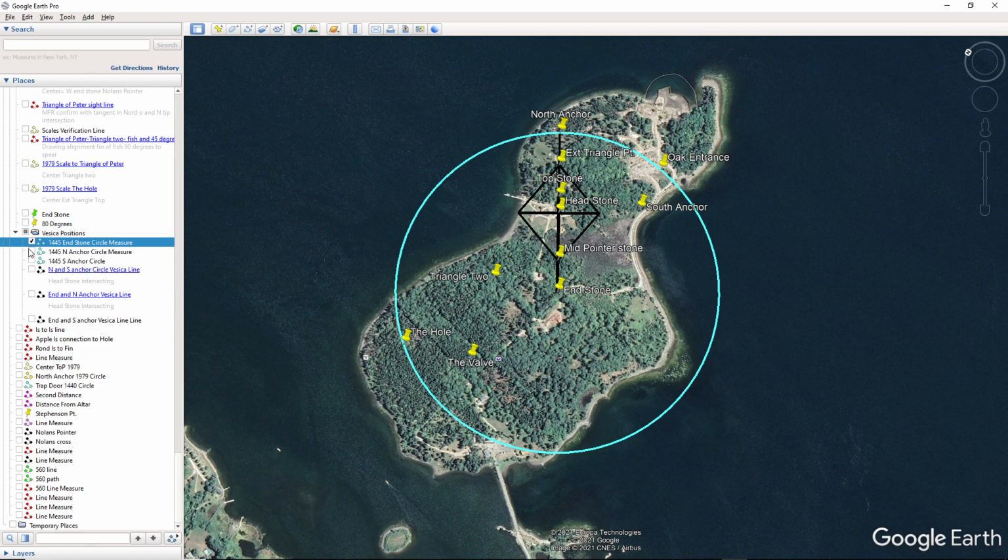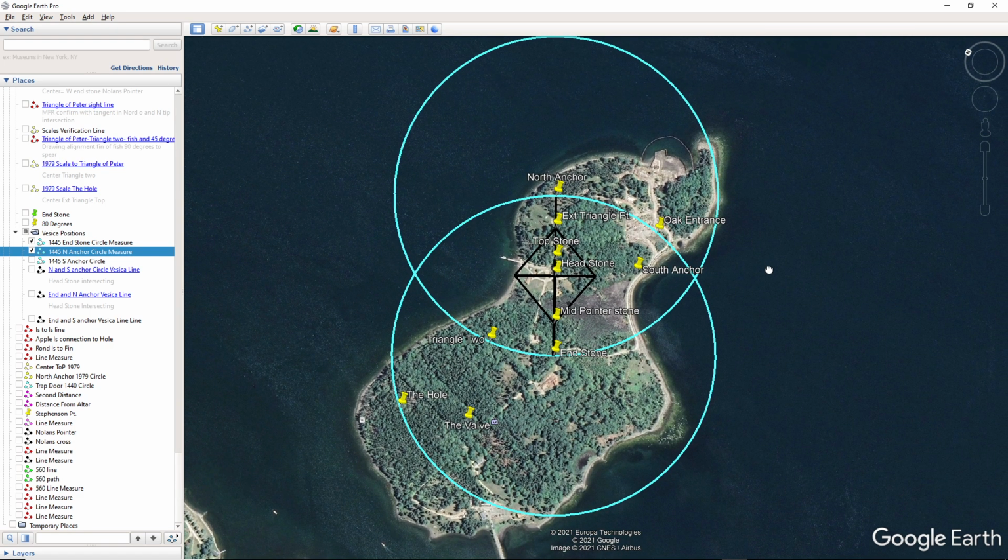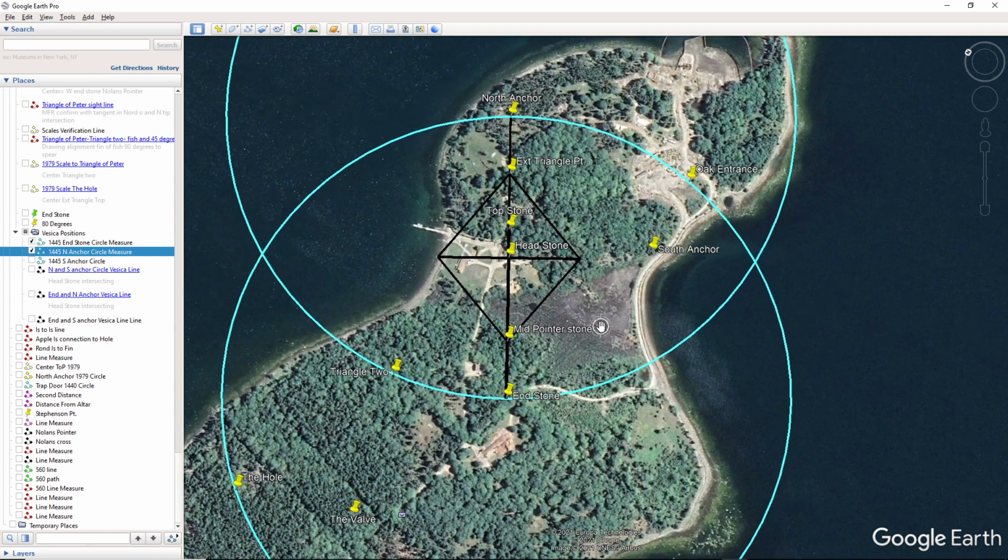Then we'll take the north anchor and we'll put a circle around it. And of course, we get a perfect Vesica Pisces with each of its circles going through the other's center. That's standard. This is fixed.